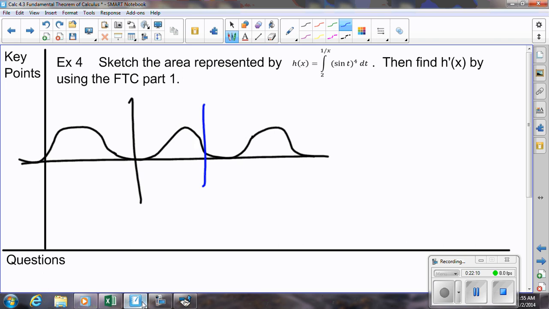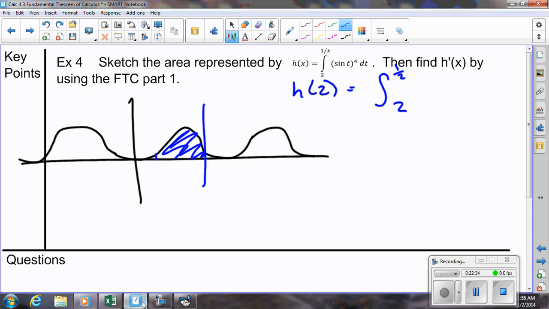Here's one of the things that we're going to be a bit precarious about. If we plug in x equals 2 and want to know h of 2, this is talking about the area between 2 and not 2, but 1 over 2. So we're looking at this type of area.